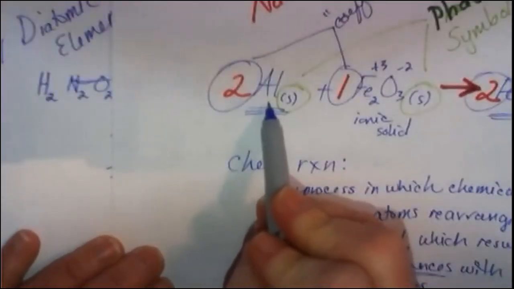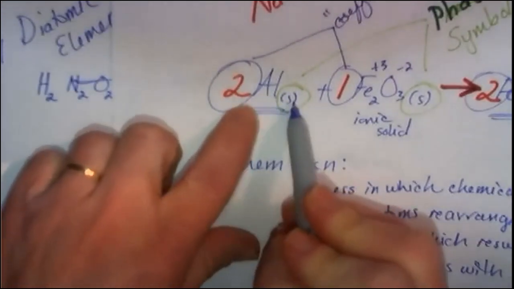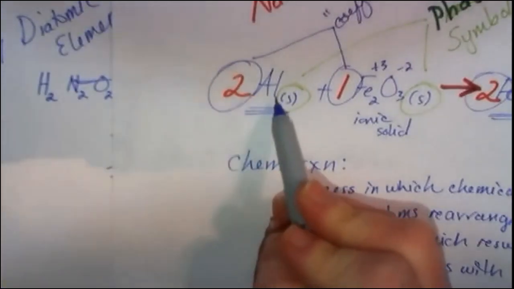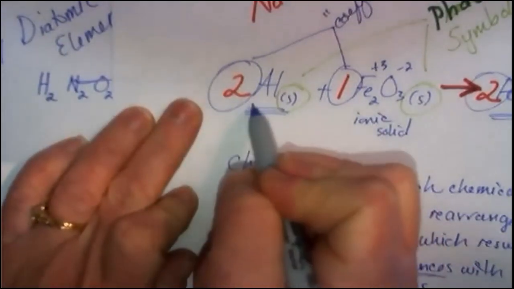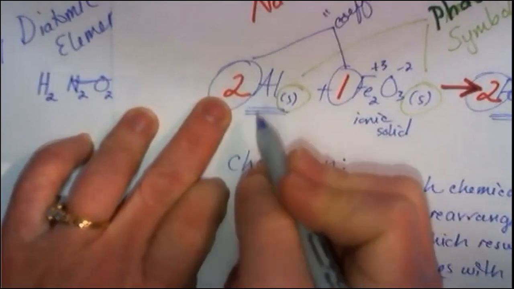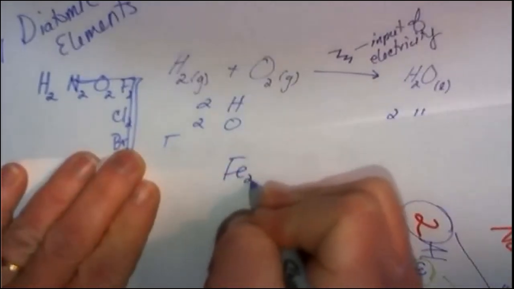When you write a coefficient in front of a chemical formula, it multiplies how many subscripts are there per the formula. So this coefficient of 2 in front of aluminum means I have 2 aluminums. If this would be a 4, I would have 4 aluminums. If it's 5, I have 5 aluminums. On the rust, it's Fe2O3.